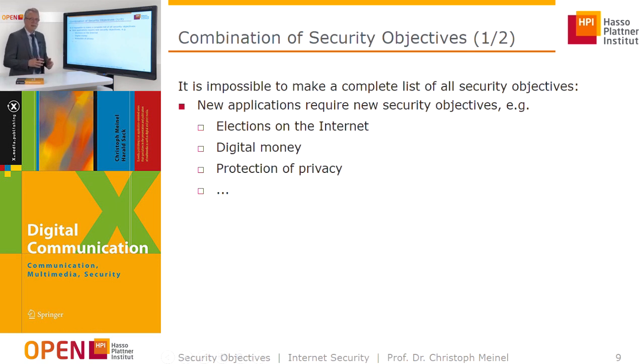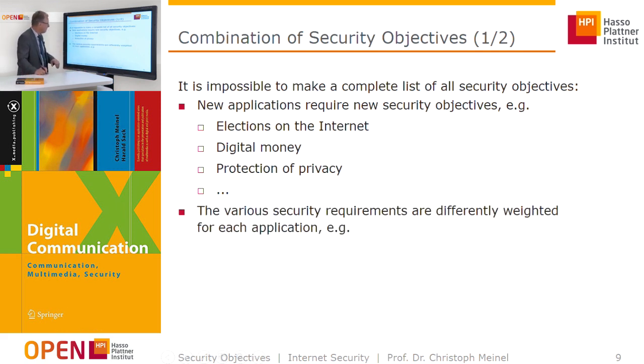Digital money. On the one side, it should be clear that the money comes in the right amount, but on the other side, it should be hidden from whom the money came, to protect privacy. So various security requirements are differently weighted for each application.